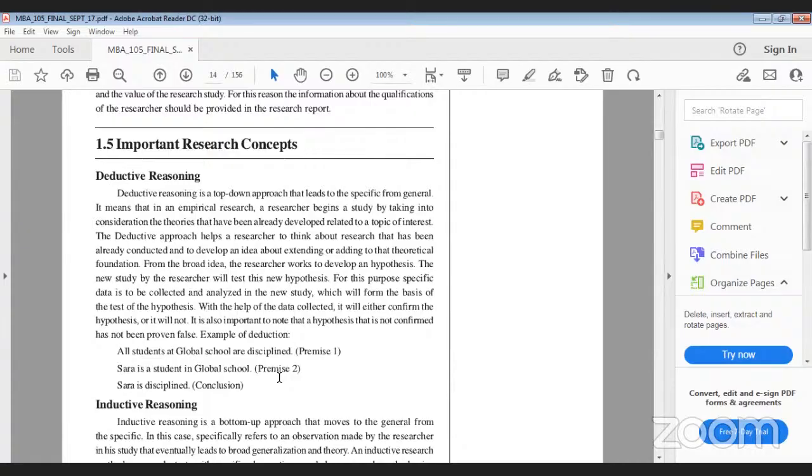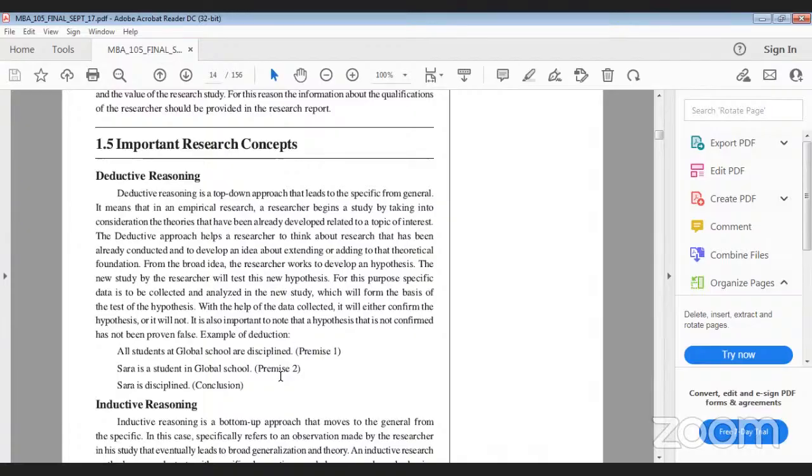Important research concept: deductive reasoning. Deductive reasoning is a top-down approach that leads from the general to the specific. It means that in an empirical research, a researcher begins a study by taking into consideration the theories that have already been developed related to a topic of interest.